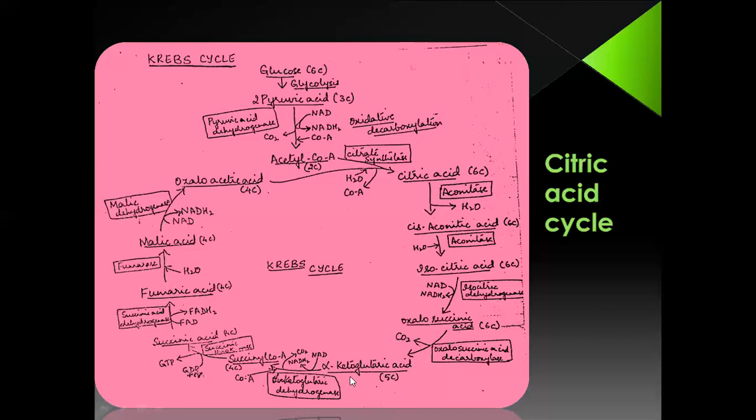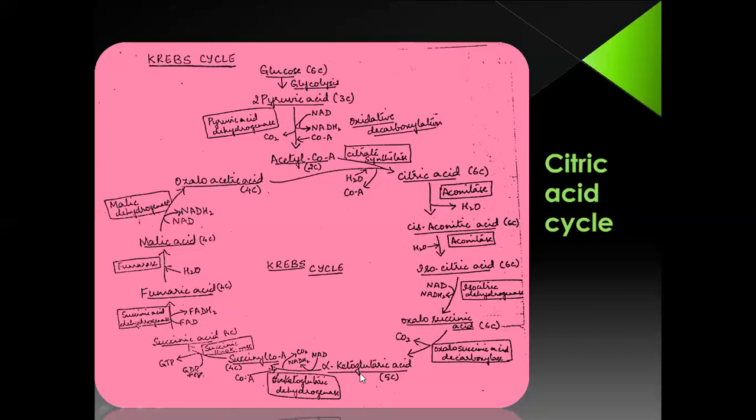This alpha ketoglutaric acid again undergoes decarboxylation. Here you can see the outward arrow where a carbon dioxide has been removed.